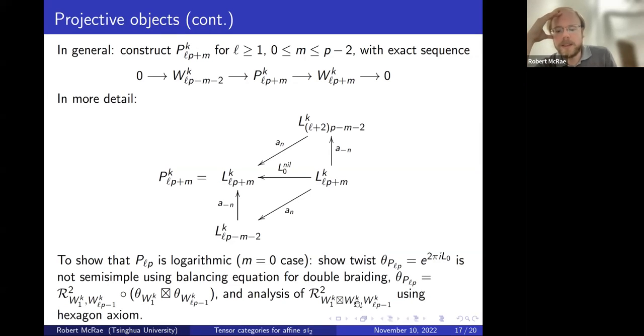It doesn't have the right eigenvalues to be consistent with this theta being semi-simple. So just a little bit about what goes into this: we don't really compute L0 explicitly using the affine Lie algebra operators. It's just some of these general tensor category properties that we can use to prove this non-semi-simplicity.